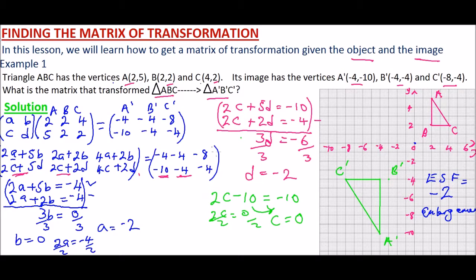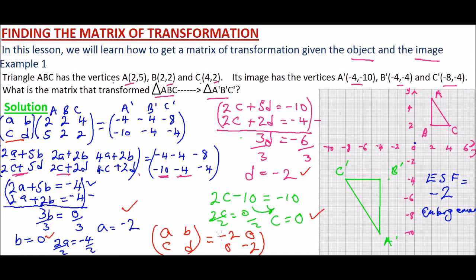Now, since we had defined our transformation matrix as a, b, c and d, we say that our transformation matrix is equal to: we found a is minus 2, we found b is 0, and we found c is 0, and d is minus 2.